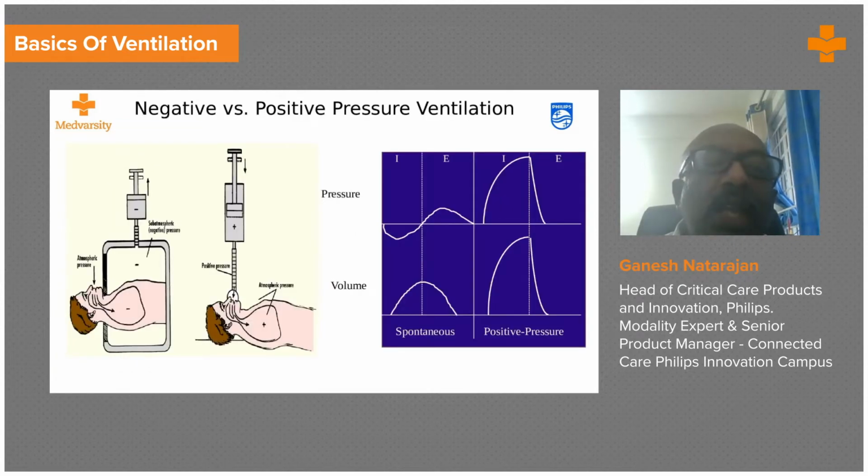If I look at the difference between positive and negative pressure ventilation on a pressure and volume graph, in a spontaneous or negative pressure ventilation, the pressure drops, and as the pressure drops, the volume increases. In positive pressure ventilation, the pressure increases, and that is what drives the volume up.